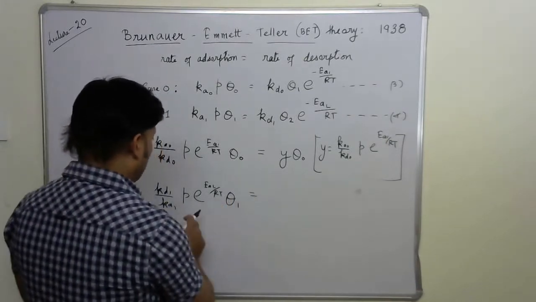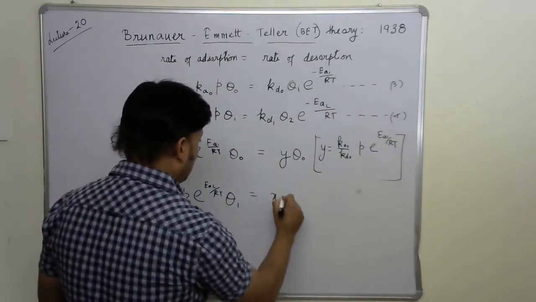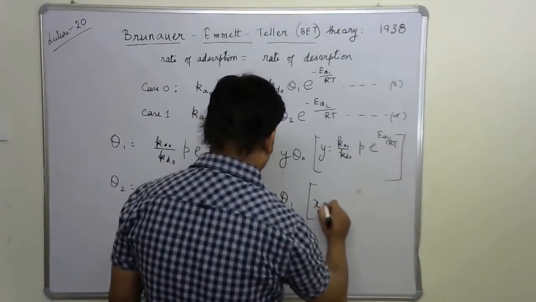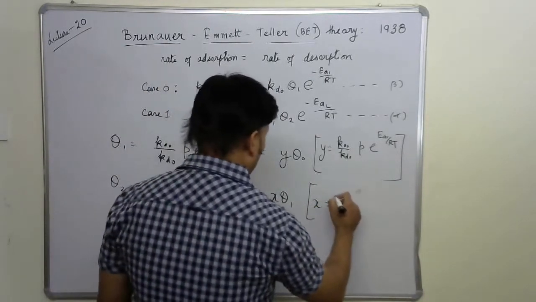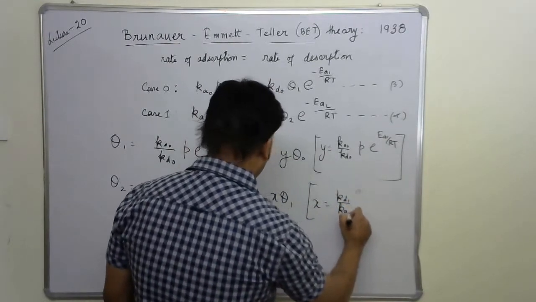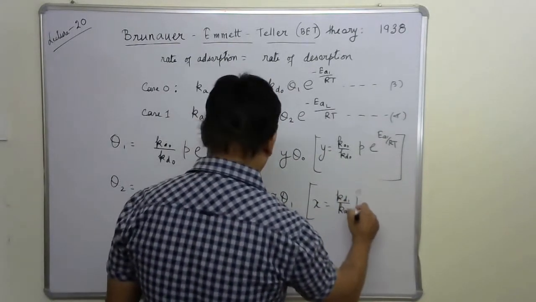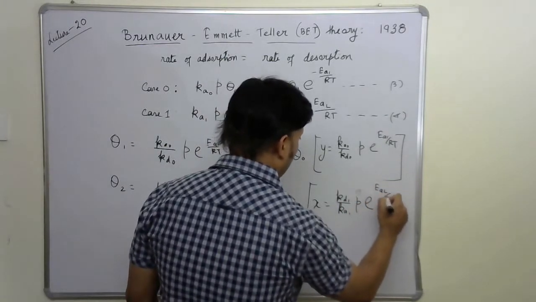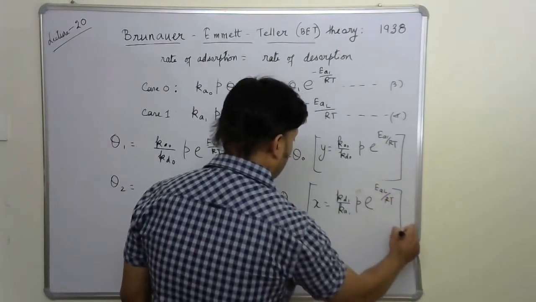So we can write it here, this is equal to x theta 1. All right, so then of course here x is equal to, we can have kd1 divided by ka1 p multiplied by e to the power eal divided by rt.